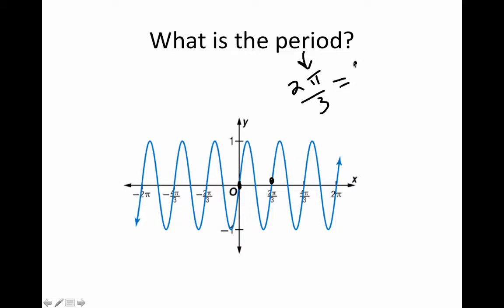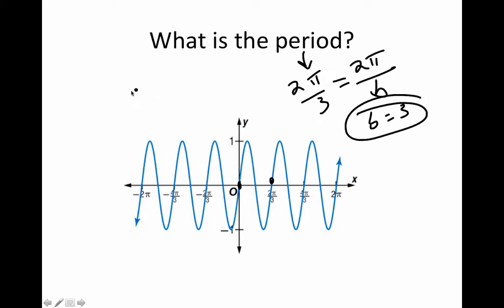If we had to solve for b, I would set this equal to 2 pi over b, because that's what period always is going to be, and you can clearly see b would be 3. b equals 3. So if I had to write this one, it would be y equals amplitude 1 sine of 3x. There you go.